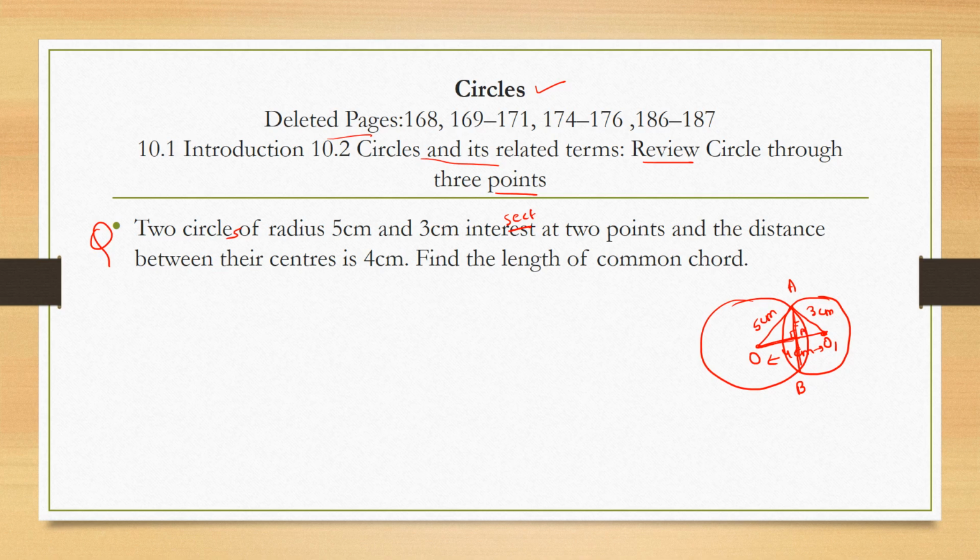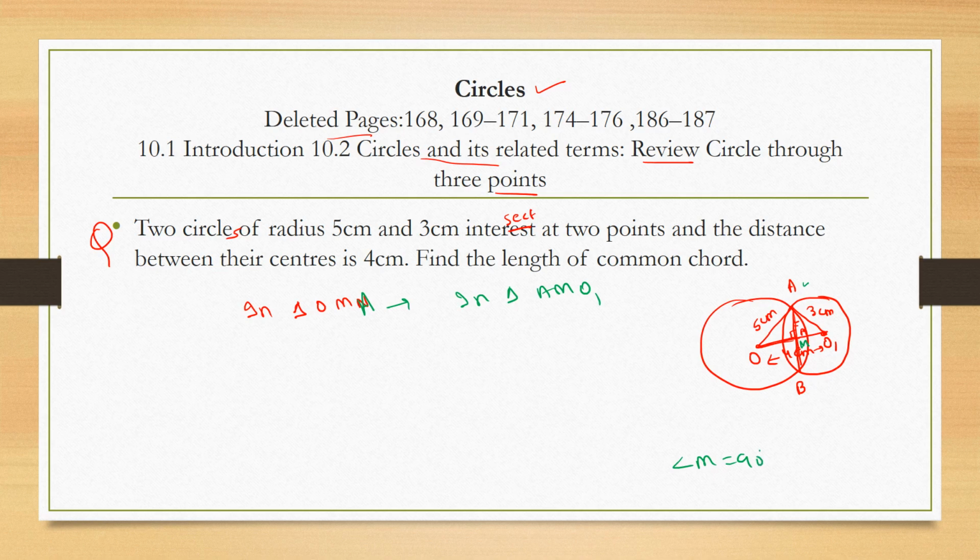Let's say M. So can I say in triangle OMA, and in triangle O1MA, I've considered this as M, this is A and O. You have to write why you have considered angle M as 90.